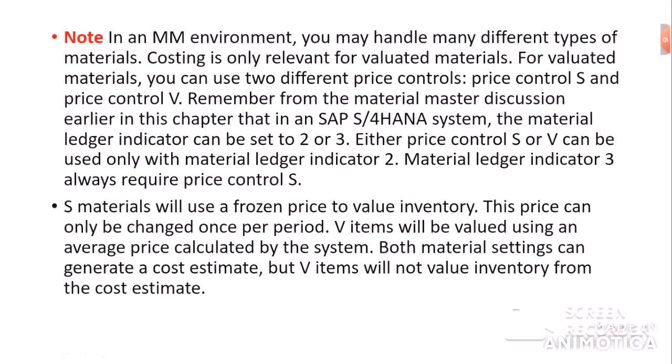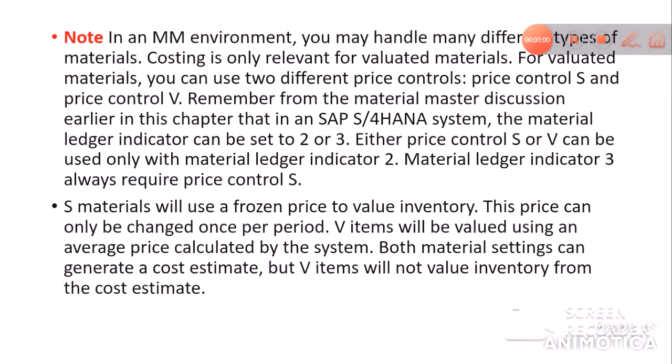We have a note here: in an MM environment, you may handle many different types of materials. Costing is only relevant for valuated materials. For valuated materials, you can use two different price controls: price control S and price control V. Remember from the material master discussion earlier in the chapter that in an SAP S/4HANA system, the material ledger indicator can be set to 2 or 3. Either price control S or V can be used only with the material ledger indicator.